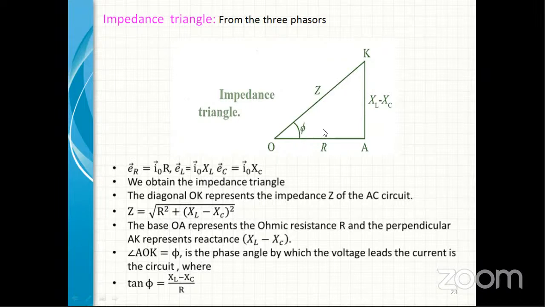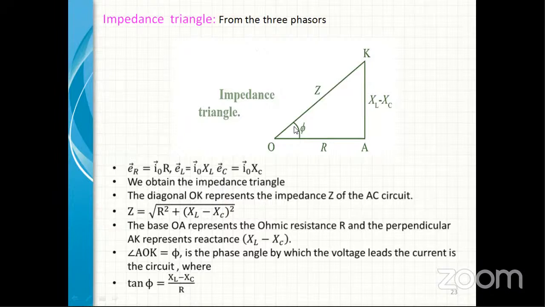The diagonal OK represents the impedance Z of the circuit, and therefore Z is equal to the square root of R square plus XL minus XC whole square, and the base OA represents the ohmic resistance R, and the perpendicular AK represents the reactance, that is XL minus XC.